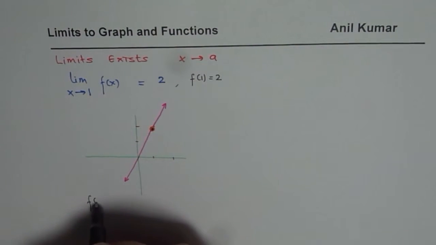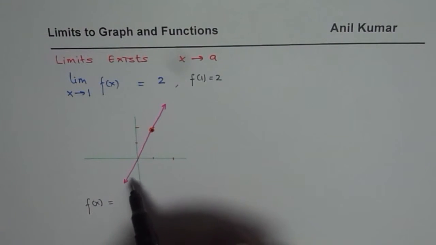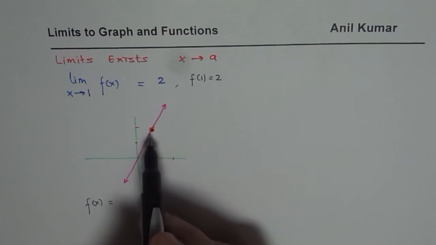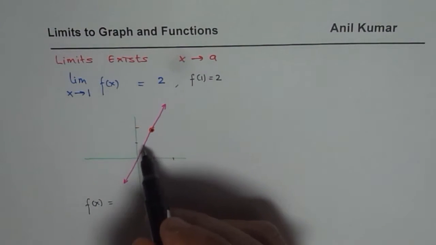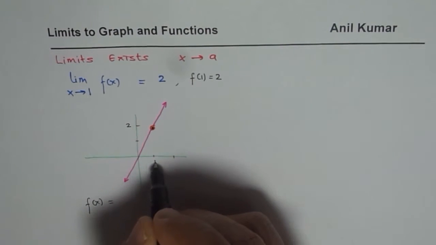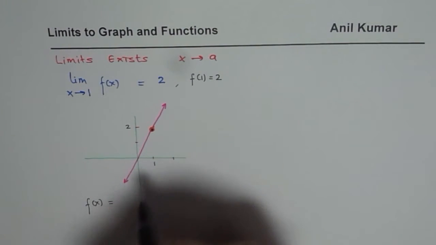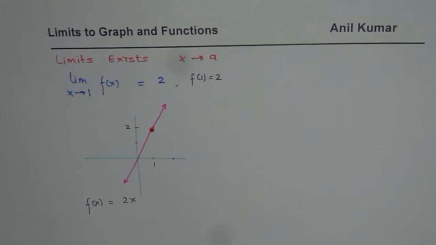We say f of x is equal to, since it is continuous and the value is the same, just one polynomial function in most cases. A line going through the origin and this point, which is (1, 2), means the slope is 2. So it could be 2x. That could be one possible function.